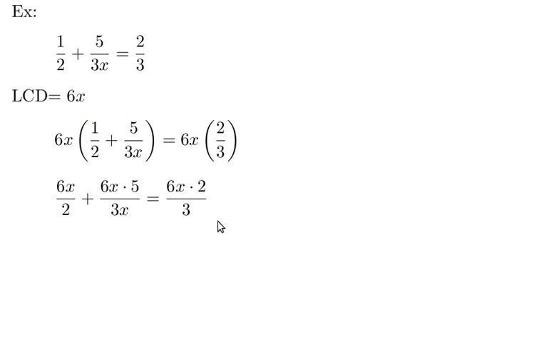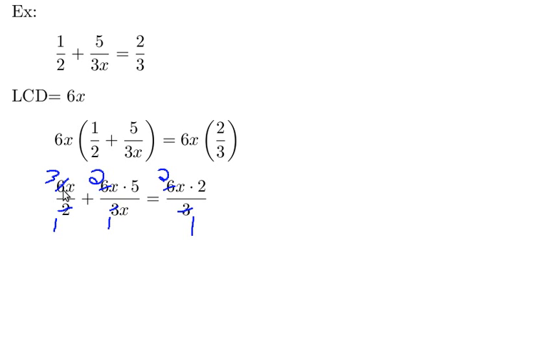Okay, so what can cancel? Well, this 6 can cancel. I just divide the top and bottom by 2, so I'll have 3, 1. And then this 6 can cancel here, so we'll have 2, 1. And this 6 will cancel here, so we'll have 2, 1. All I did, as a refresher, was reduce the fractions by canceling out unnecessary terms.